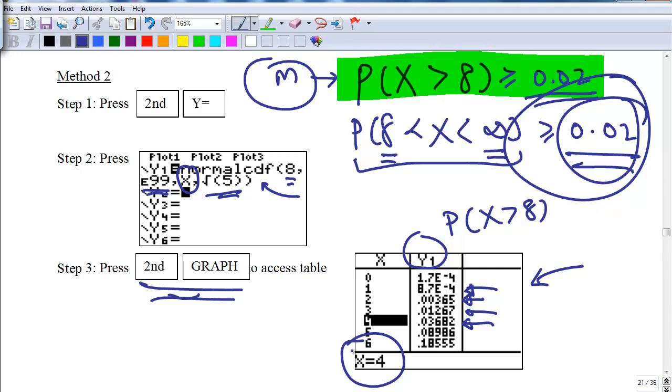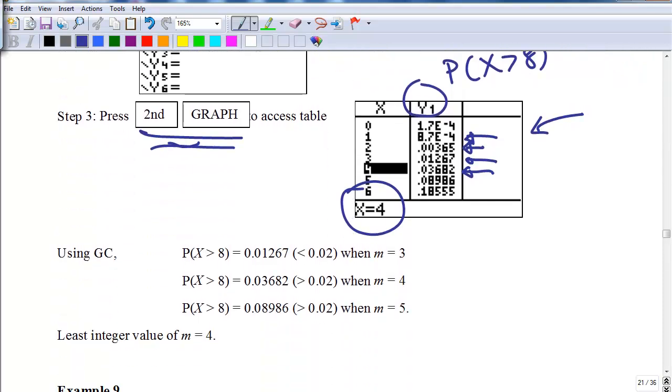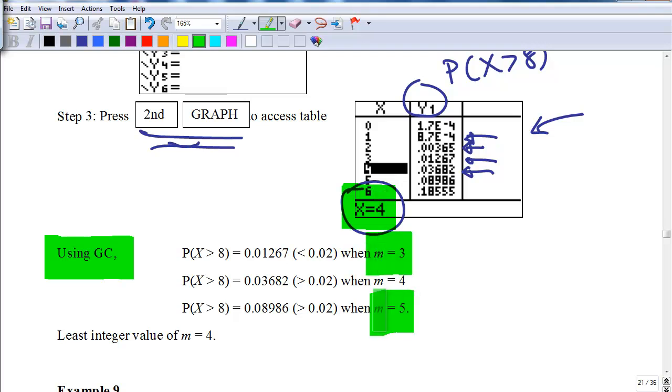How do you present your answer? You tell people that you are using your GC, and you can see that the answer is 4. You have to present your case with X equals to 4 as well as X equals to 3 and 5: the answer itself, the probability before it, and the probability after it.